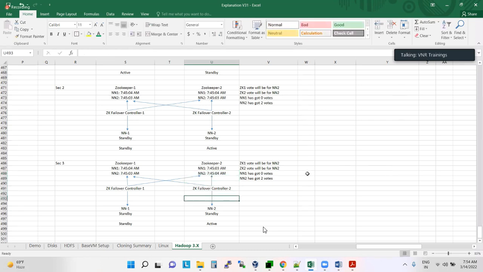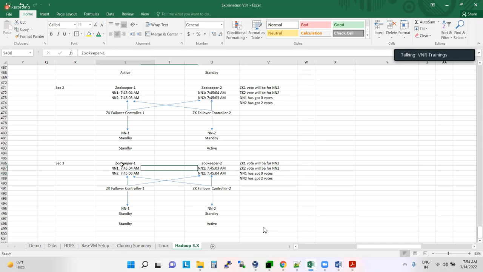Now you see, sir, what is the third scenario? Failover controller 1 has sent the heartbeat of name node 1 at 7:4, but to this one at 7:3. And the failover controller has sent the heartbeat to zookeeper 1 at 7:45, but here it is 7:4.